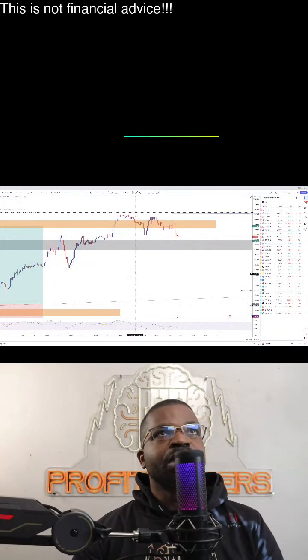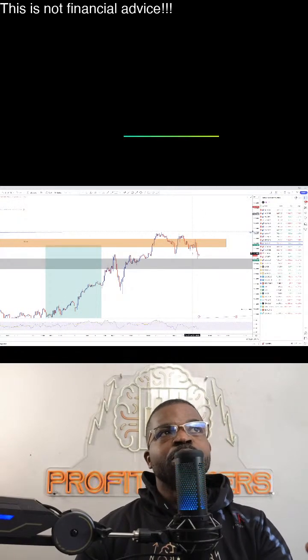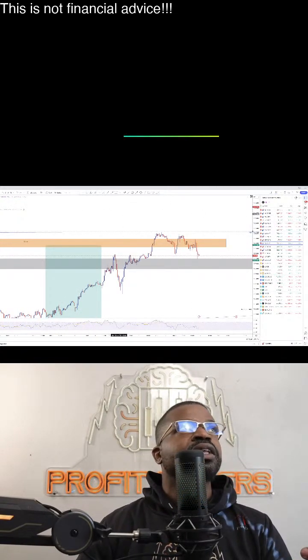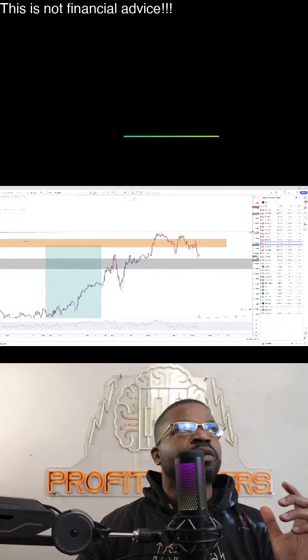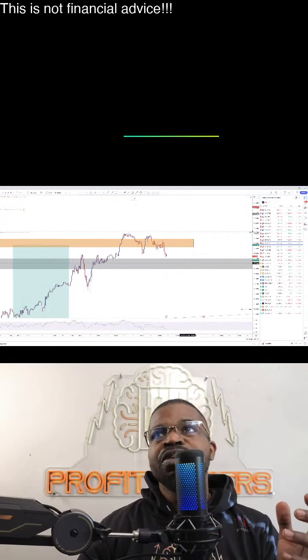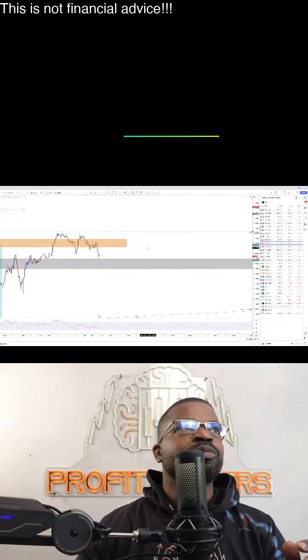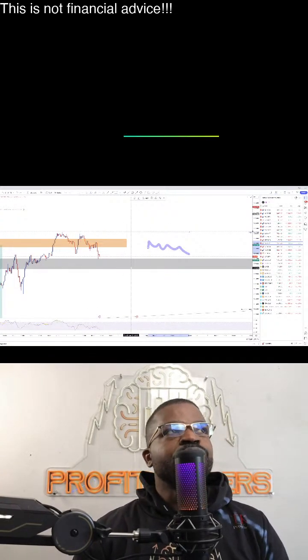All right, cool. So right here at this structural level, price is creating a bull flag. So again, a bear flag. A bull flag and a bear flag, they're just continuation patterns. So real quick, teachable moment, price only moves in three ways.